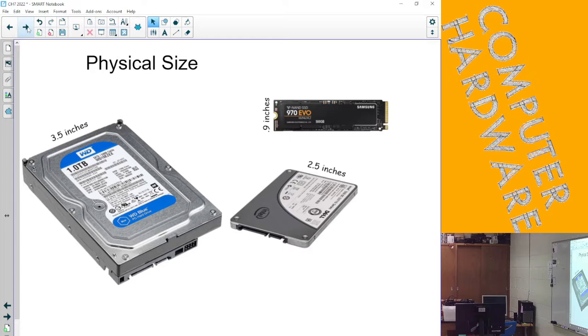So I'll show you my first hard drive that I ever pulled out of a machine. This is my first hard drive. Okay, I forgot to pull this out last class. I can't believe it. I know it used to be 3.5. This was pulled out and put down into a tray.